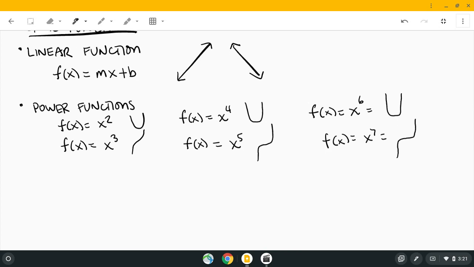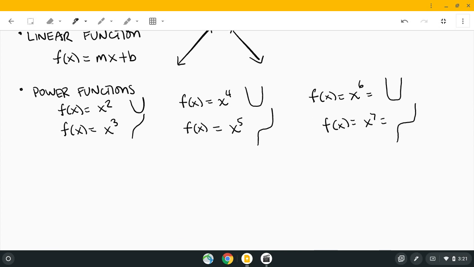All right, and then we have our root functions. And we have f of x equals square root x, and that's like the top half of a sideways parabola. So imagine a parabola that's sideways, but then you only have half of it. So you only have like the top half.